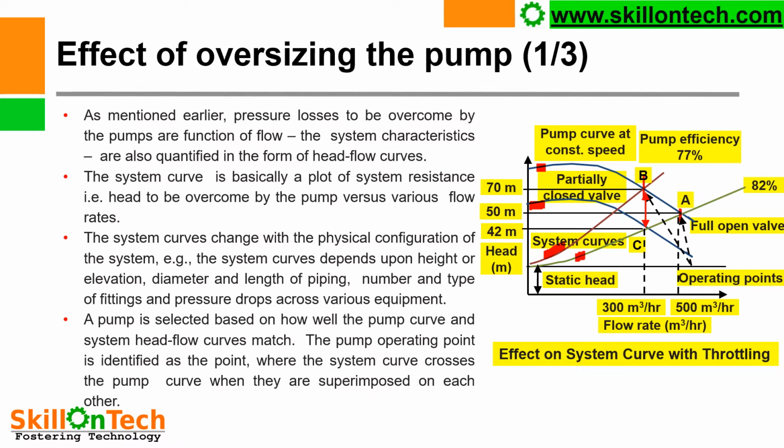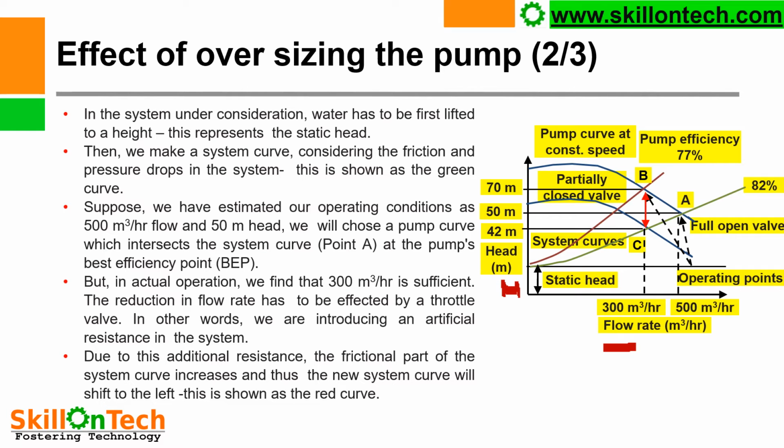So, as we discussed, this system head curve and this pump characteristics curve intersect at point A, and this is the operating point if the flow is 500 meter cube and the head is 50 meter. In the system under consideration, water has to be first lifted to a height. This represents the static head as shown here.